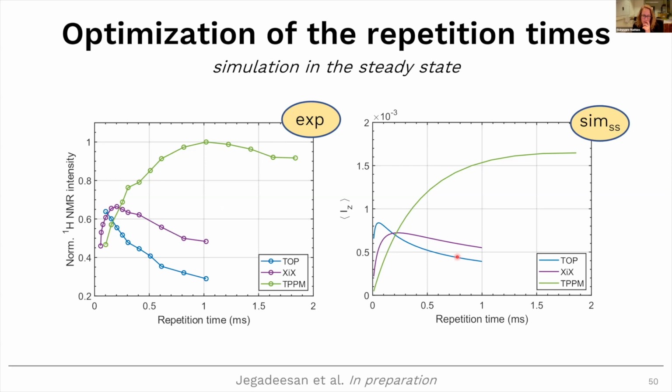So the T1E definitely also plays a role in what your optimal repetition time is. You will have to repeat your sequence faster when the T1E is shorter. Yes, that's definitely how it would work. Whether you can then always reach the same enhancement is something I think we need to explore further.